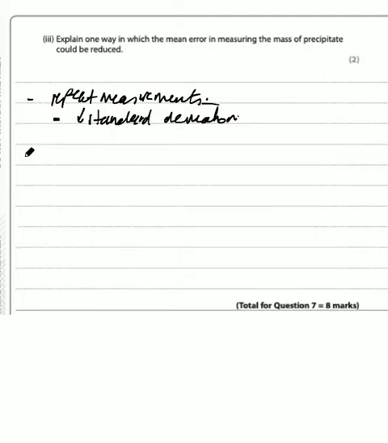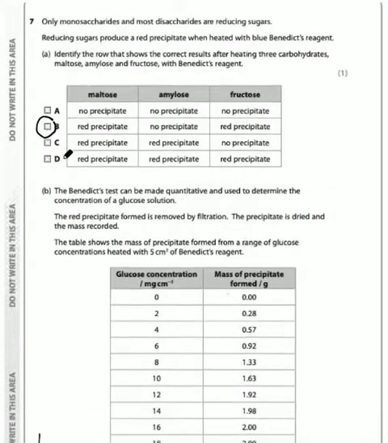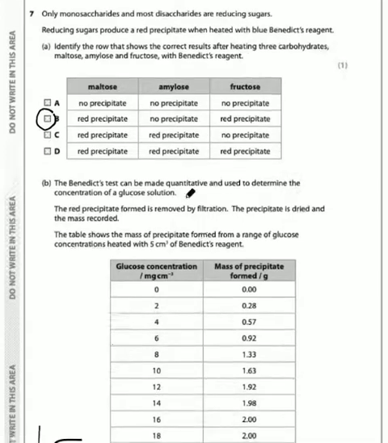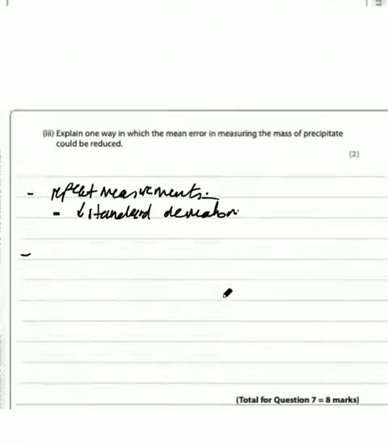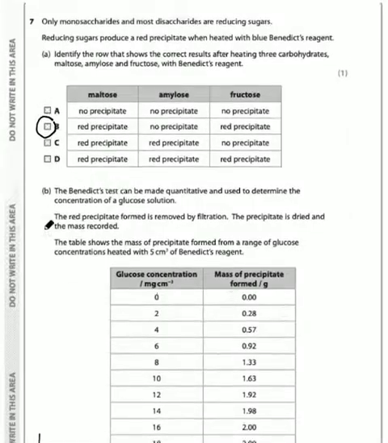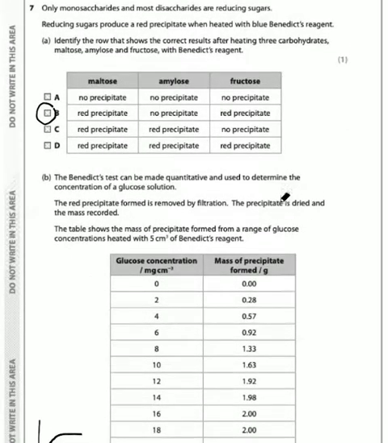Right, another example is increased drying time. Whenever you have a precipitate forming, and they've told you the steps, whenever you have a question asking how you would reduce errors, go back to the method and start picking out different things you can improve. Whenever they say something has to be dried, you automatically get a mark for saying increased drying time.